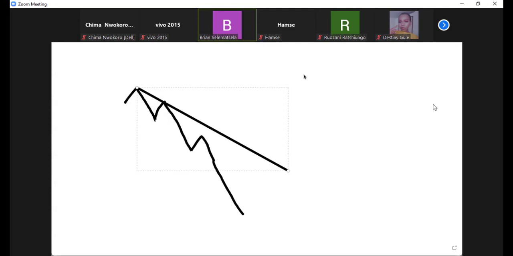Let me use a different color. That line, I'm calling it the footprint line. The second line I'm about to draw is called the first layer line.